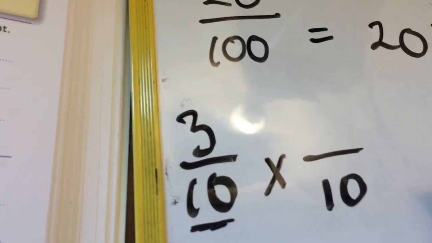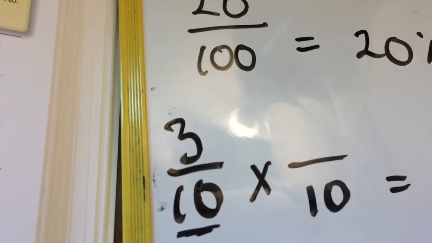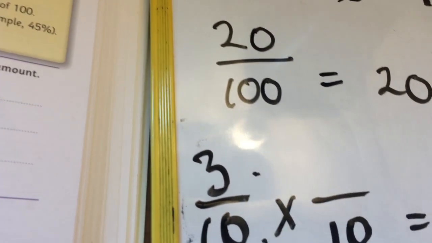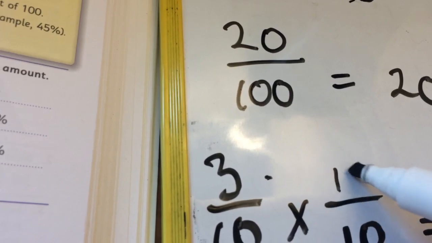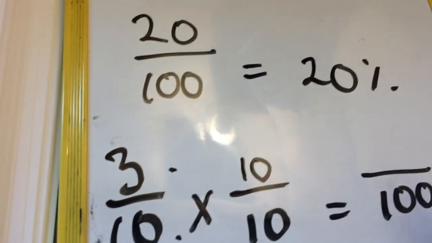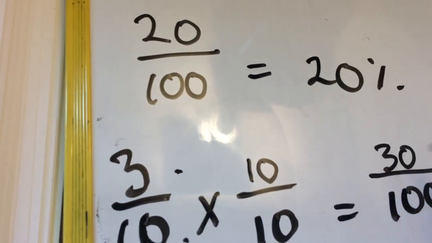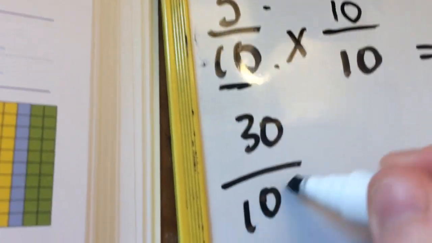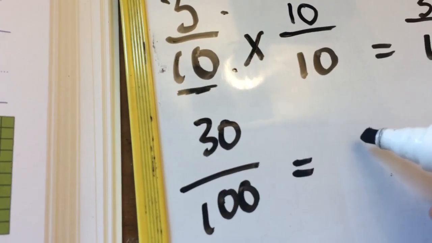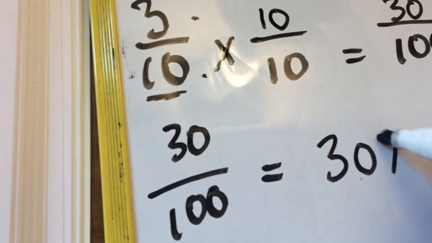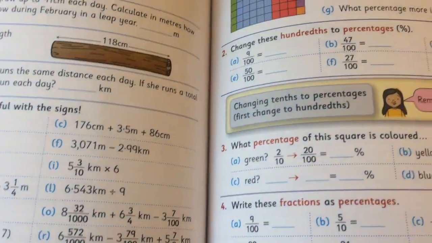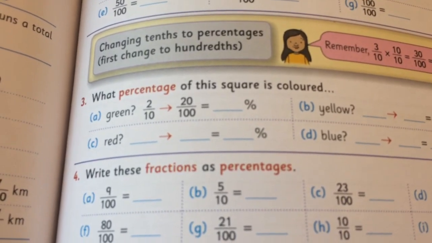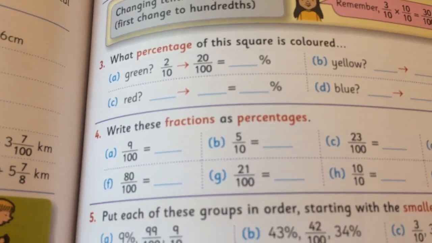Exactly, we're going to multiply it by 10. 10 multiplied by 10 equals 100. What we do to the bottom, we must also do to the top of the fraction. So now we're going to multiply 3 by 10 and we end up with 30. Now we can turn 30 over 100 into 30%.